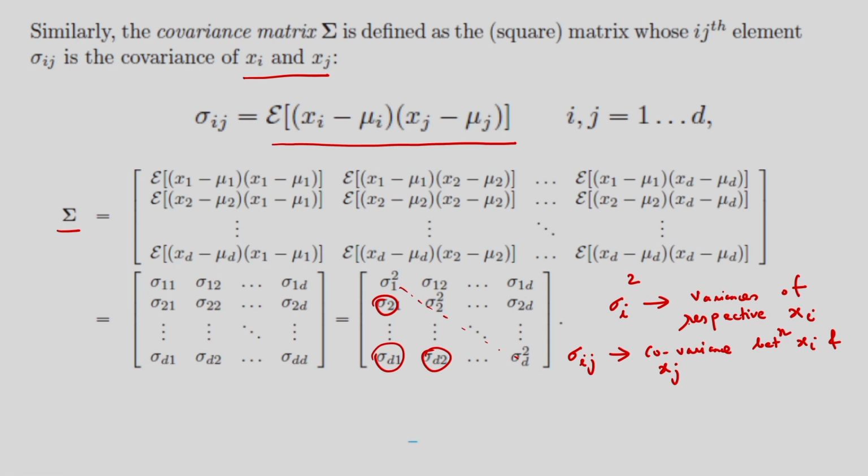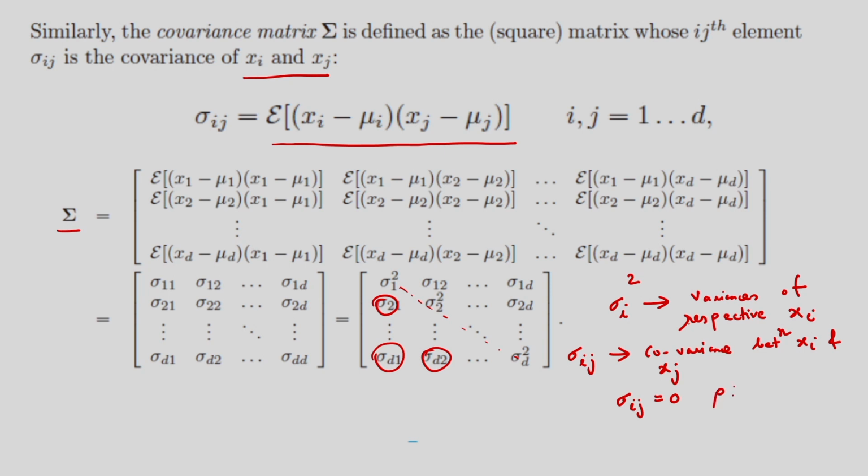And suppose xi and xj are statistically independent. What is the meaning of this? That means sigma ij is equal to 0, that is, the covariance is equal to 0. That means xi and xj are statistically independent.